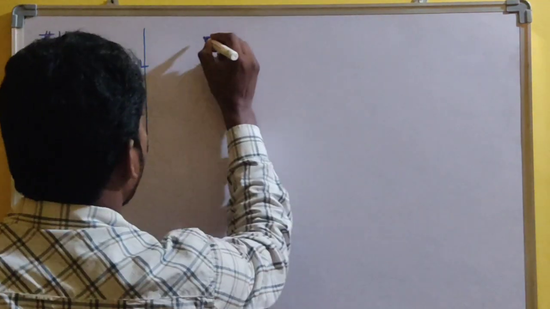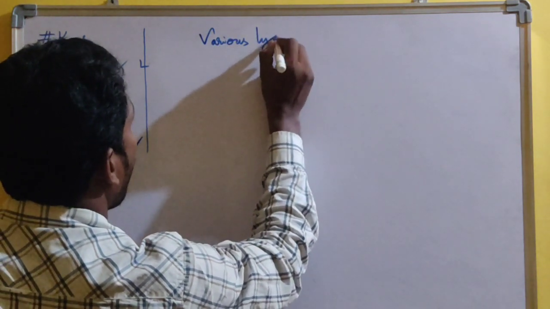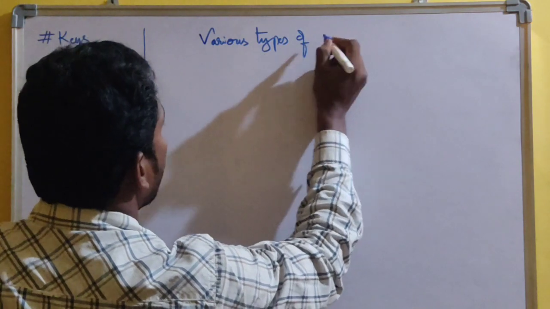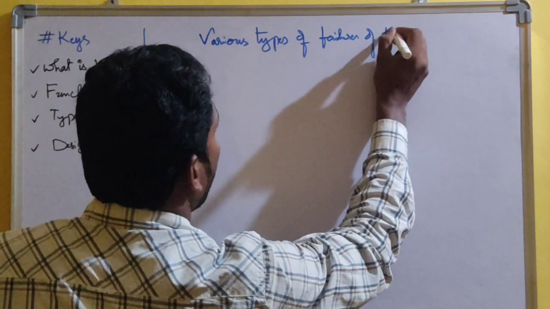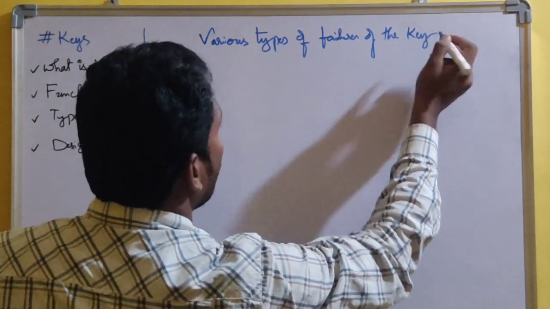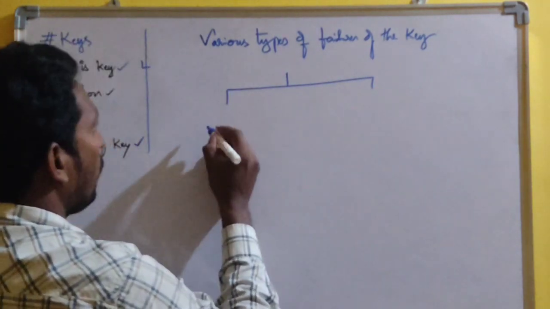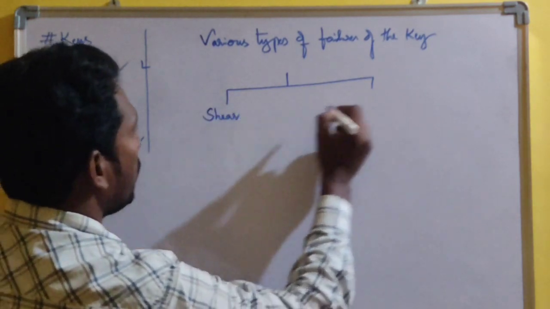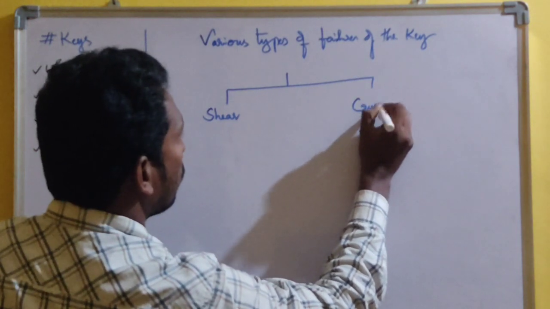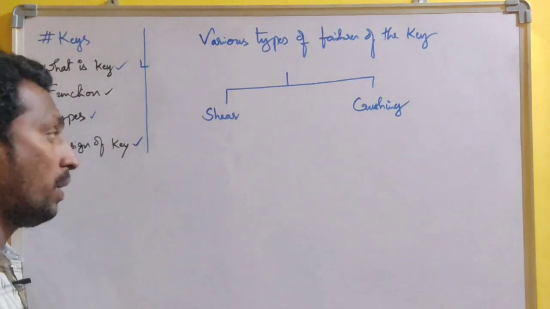Now the various types of failures of the key. Generally the key may fail in two ways: due to shear and due to crushing.